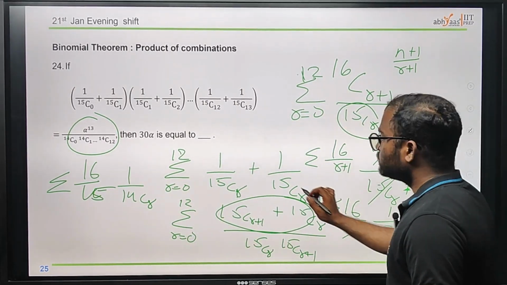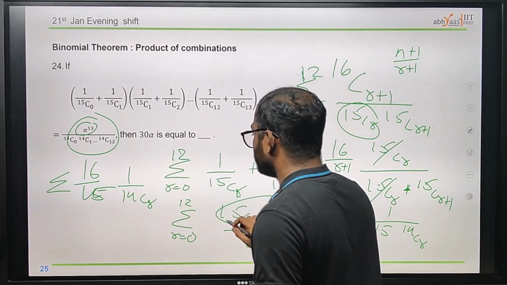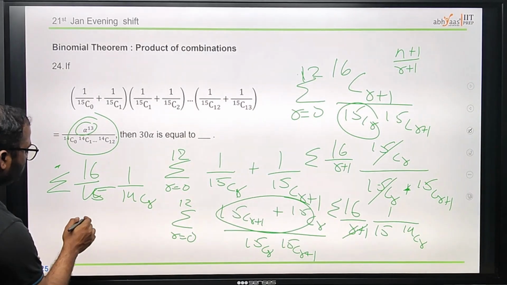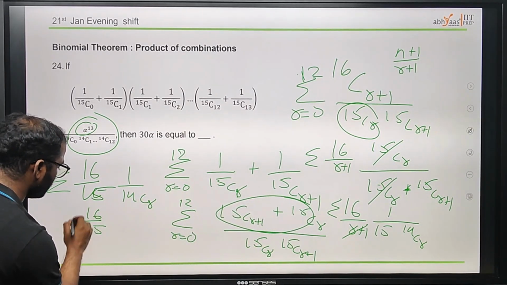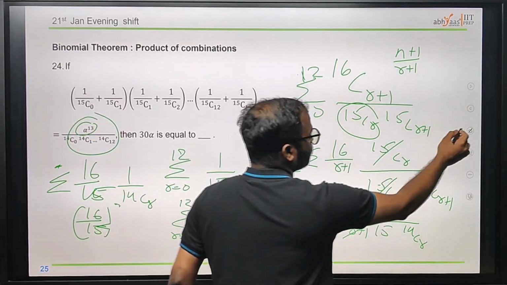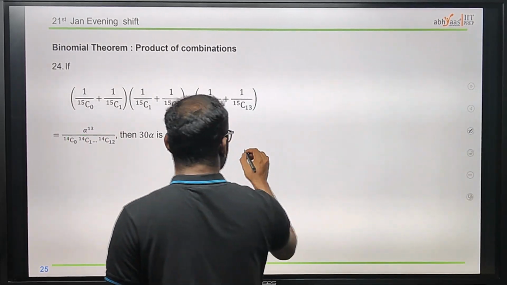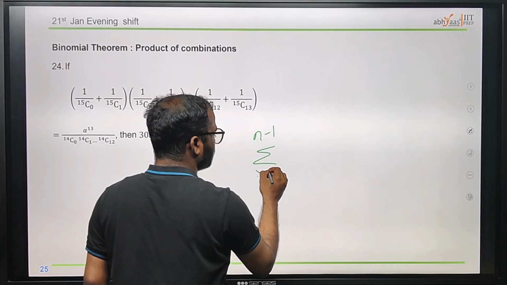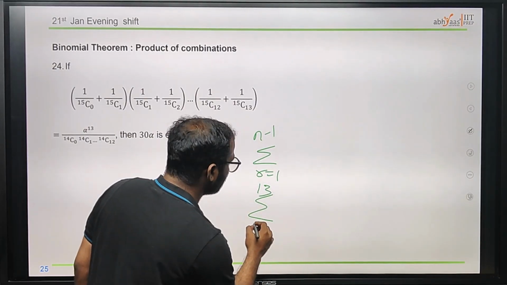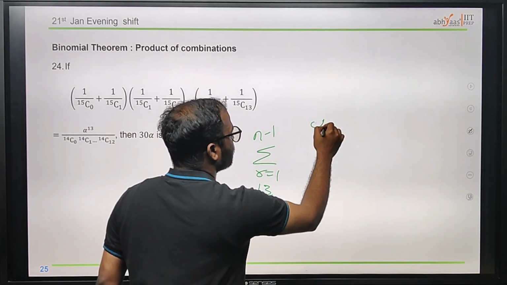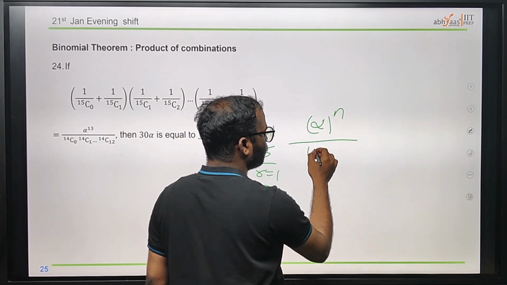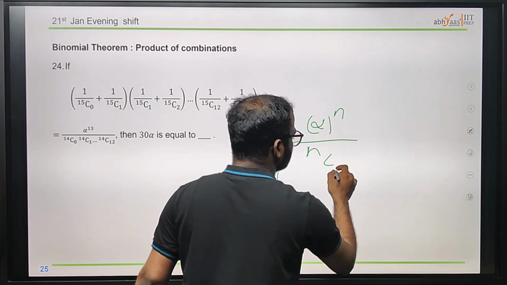Since we have summation here, we have some formula: from that we have n minus 1, summation r equal to 0 to 13. Whatever we have here as n, we will have alpha power something, and summation of 14Cr.